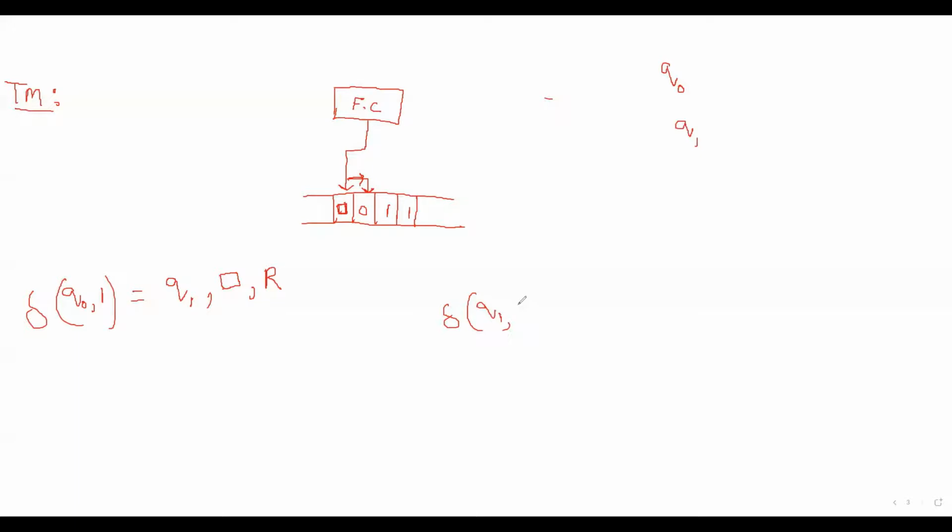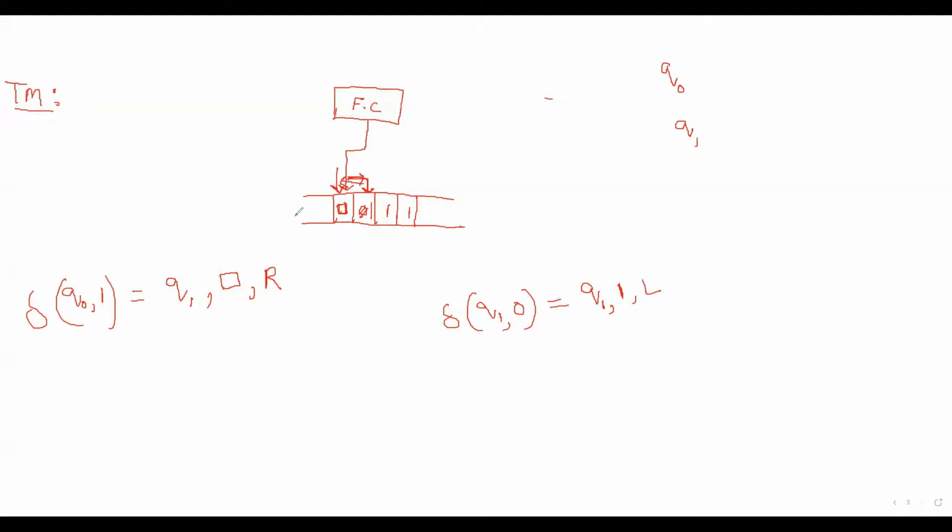The input is 0. So let's say if it is in Q1 and the input is 0, it will move to, let's suppose, again Q1, and it will rewrite. It can rewrite anything. Let's say it is rewriting 1 and moving left. So because of this transition, it will rewrite 1 here and then move to the left. That means now it is pointing to this blank symbol.